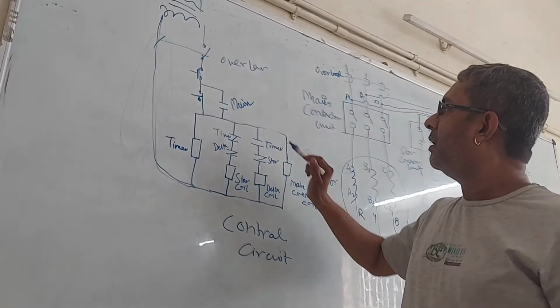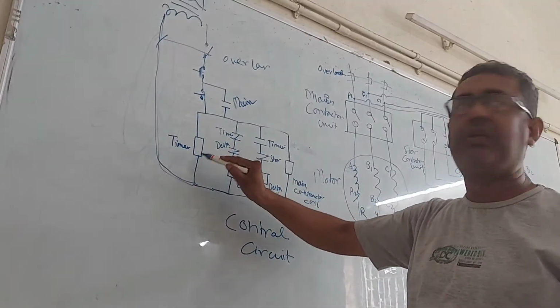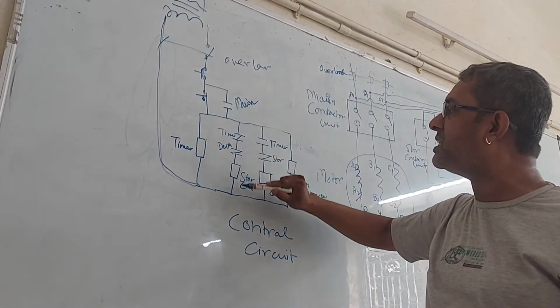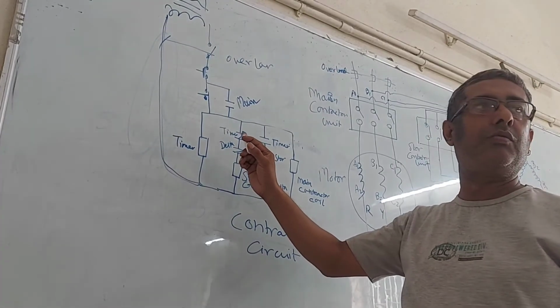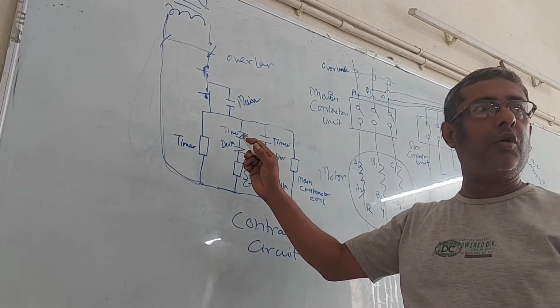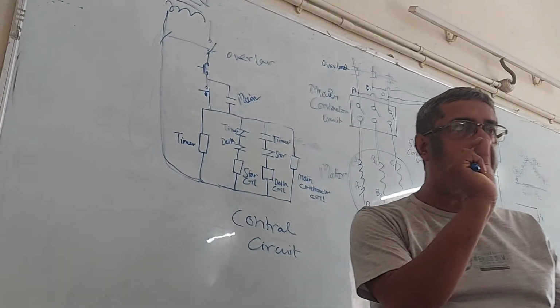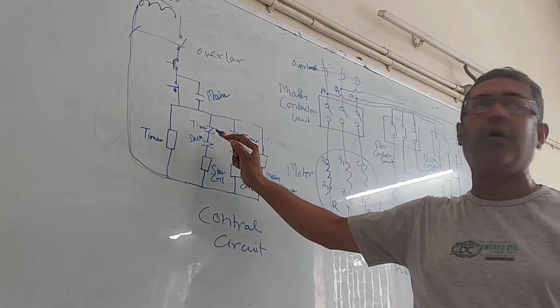Now, along with the main contactor unit, current is flowing through the timer and it is also flowing through this circuit because the timer contact is normally closed. When the timer is actuated after the particular time which it has been set, it will open.